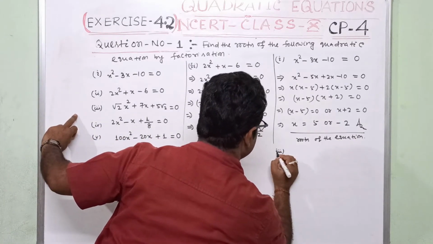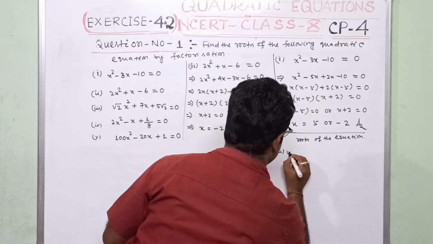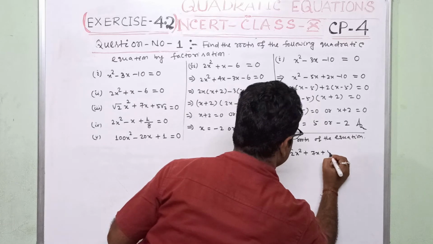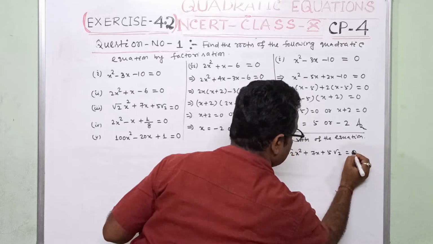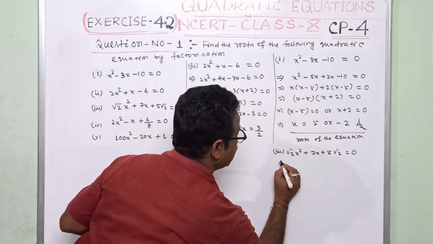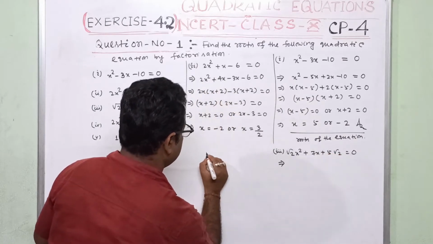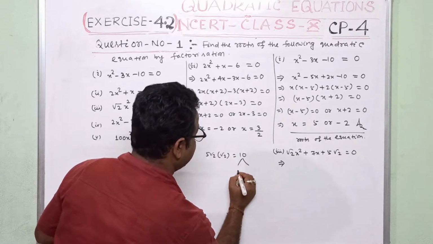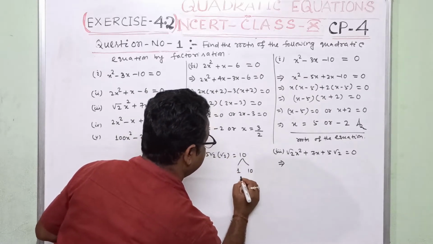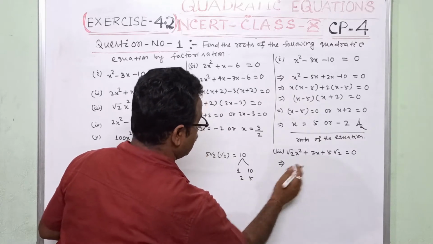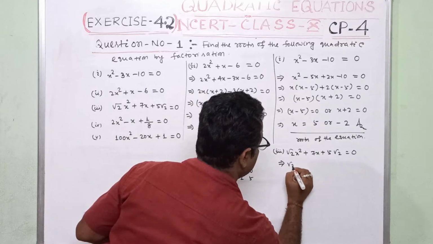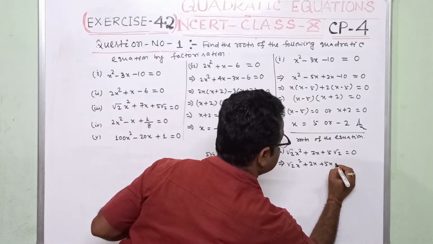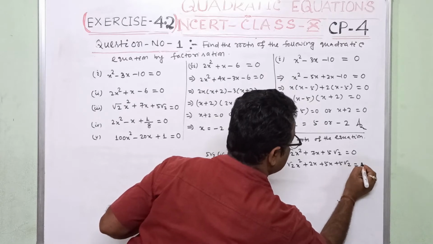Part III: root 2 x square plus 7x plus 5 root 2 is equal to 0. Now 5 root 2 into root 2 is equal to 10; 1, 10, 2, 5. We require plus 7, so plus is there. So root 2 x square plus 2x plus 5x plus 5 root 2 is equal to 0.